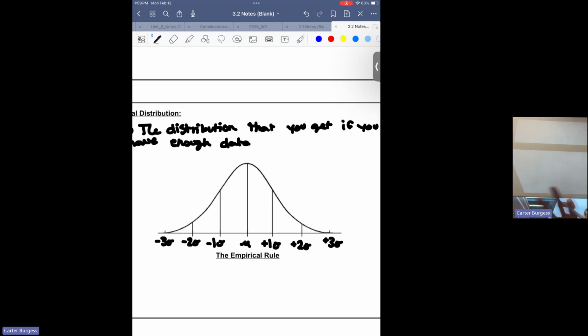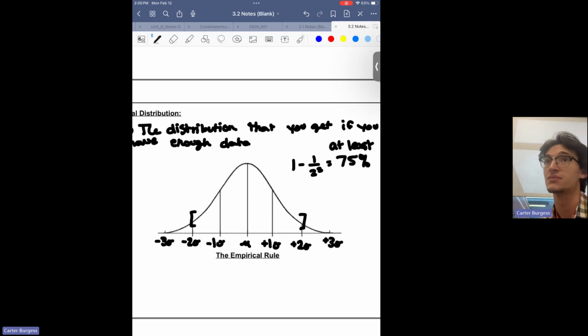That was Chebyshev's theorem, which was saying, hey, if we're within 2 standard deviations of my mean, then I can do 1 minus 1 over 2 squared to get that I should see at least 75% of my data, regardless of what my distribution looks like. So it could be skewed, it could be symmetric, who knows, but if I'm 2 standard deviations away from my mean, at least I should have 75% of our data.